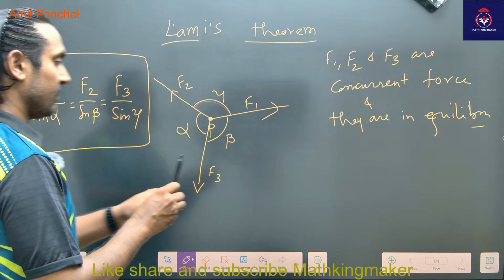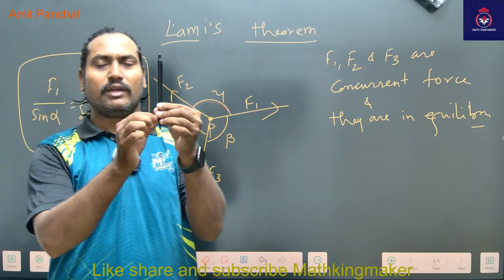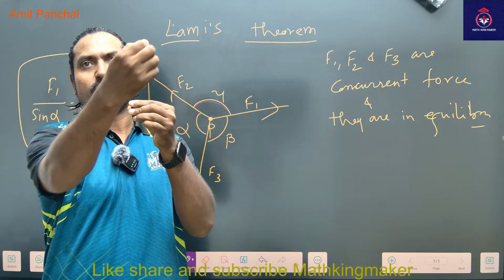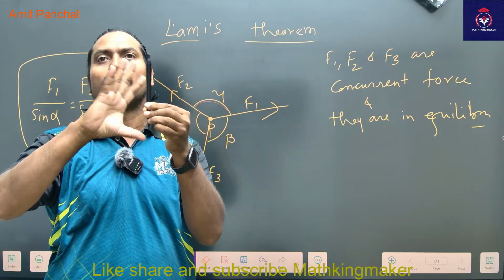That means, like if it is a pole and this pole is supported by three strings, one from this side, one from this side, one from this side, and this pole is not going anywhere.